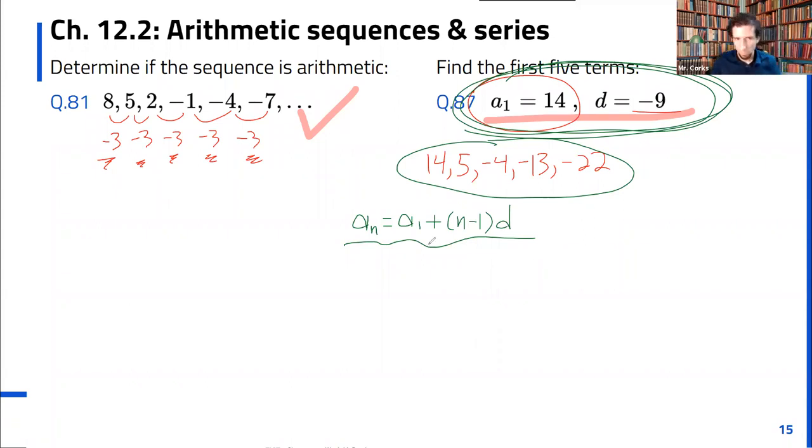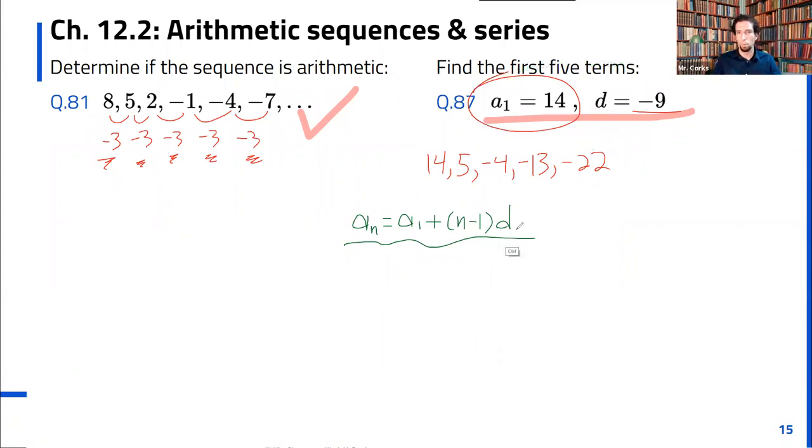Just substitute the values into the equation. I need a1, we have a1. I need d, we have d. So just put those numbers in. So an equals 14 plus (n minus 1) times -9. We'll just expand this and simplify it, and we'll get our term.